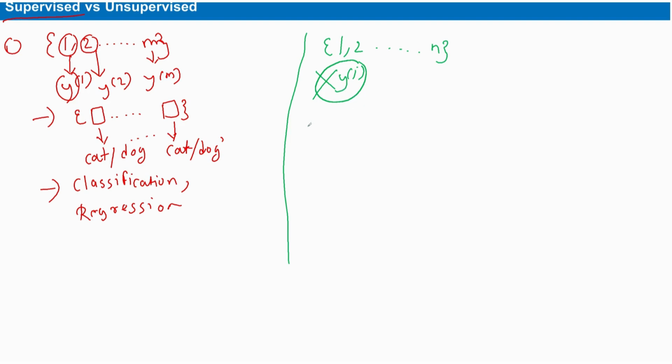Whatever the data set you are feeding to the unsupervised machine learning algorithm, it will see what the pattern of the data is, and it tries to create clusters from that.